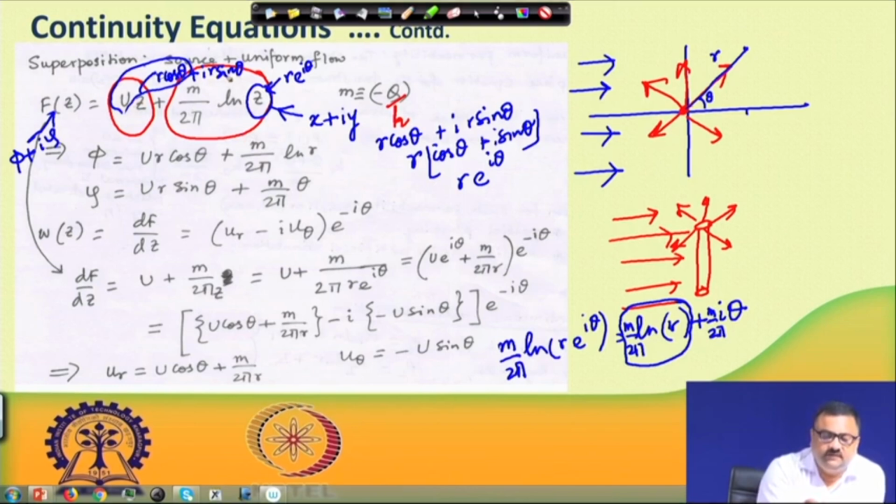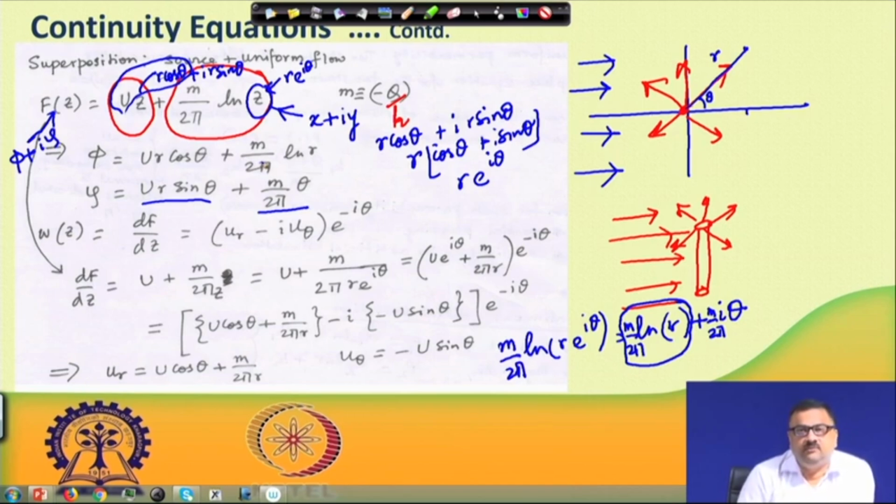So, this part is the imaginary component because I have i here, and for this part the imaginary component would be m by 2 pi i theta because I have i here. So, if the i into what we have here, phi plus i psi. So, i into u r sin theta, that is what I see here, and m by 2 pi theta, i is outside. Okay. So, m by 2 pi theta. So, this is becoming the stream function and this is becoming the potential function.